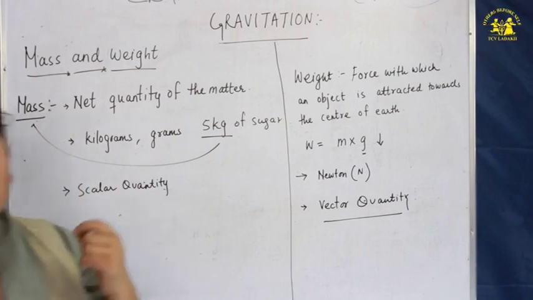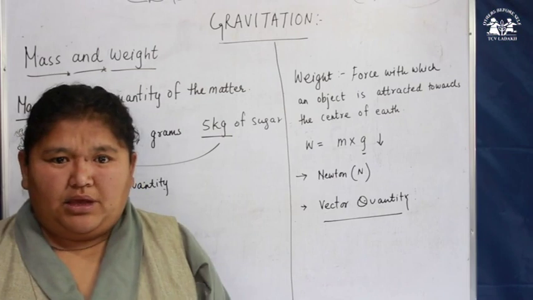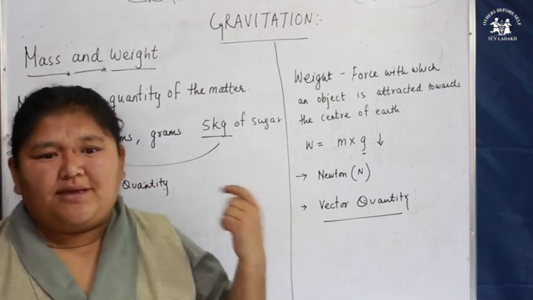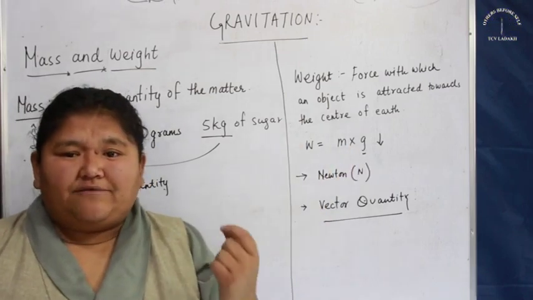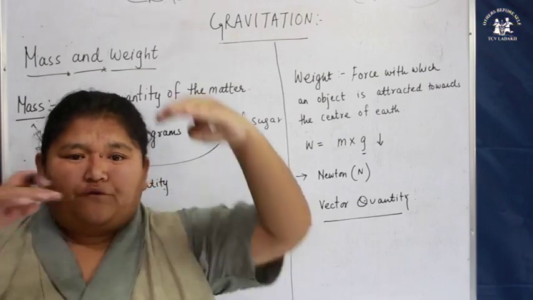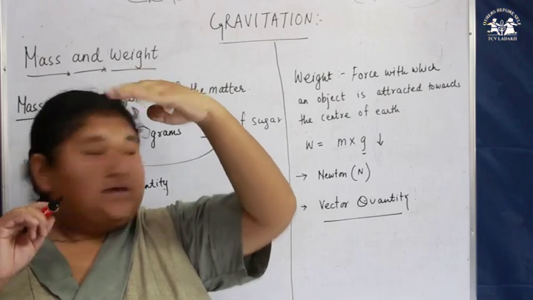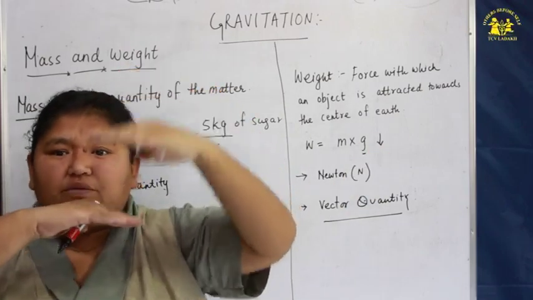Mass of a particular object remains the same everywhere, right? Wherever we go, mass of that particular object remains the same. However, gravity changes according to the places. Like I mentioned before, if we consider the earth itself, the value of G at the pole is greater than the value of G at the equator, right?